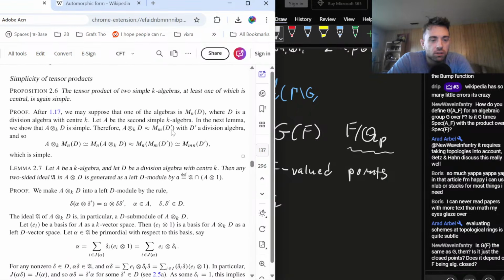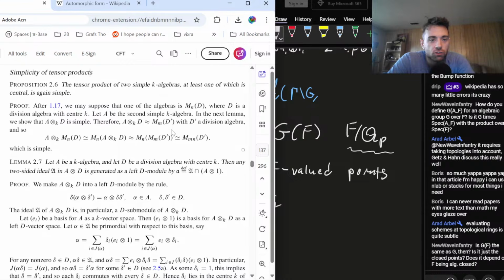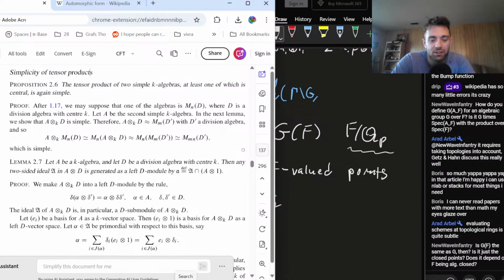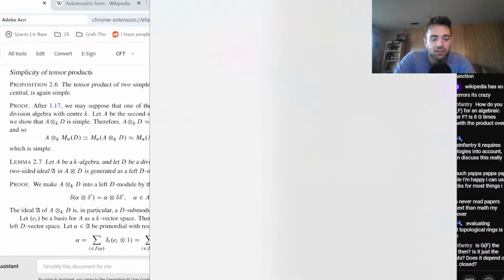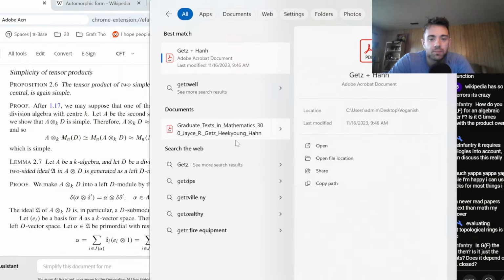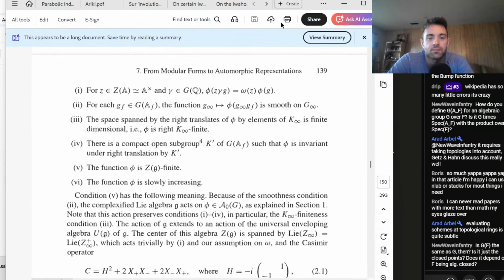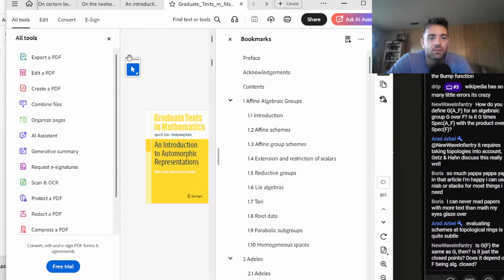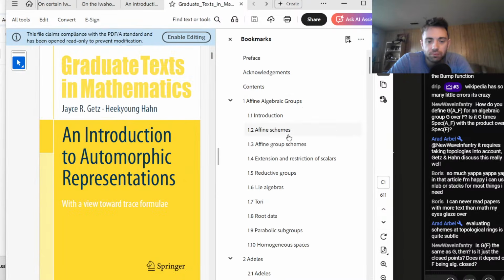Simplicity of tensor products. Yeah, I guess this is where we'll start off tomorrow. I think we might call it here. Well, let me look at Getz and Hahn. Affine group schemes.